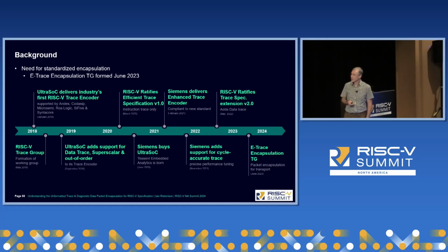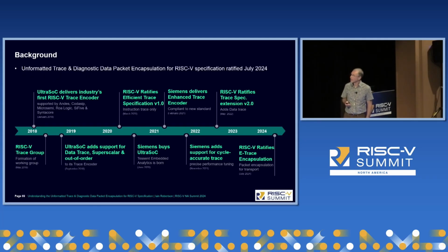And so in June 2023, we set up the E-trace encapsulation task group, and in just over 1 year, that turned into a ratified specification, which is the Unformatted trace and diagnostic data packet encapsulation for RISC-V specification.